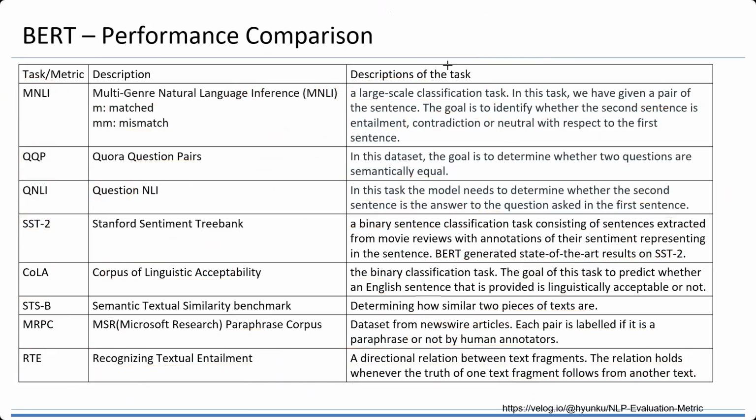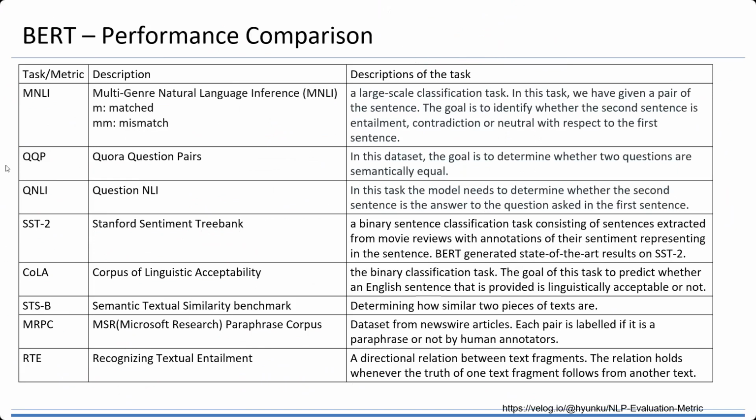We have sentence one, and we want to know whether this text fragment follows from sentence one. Usually in a sentence we have a fragment, so they want to know whether this fragment follows from that fragment.